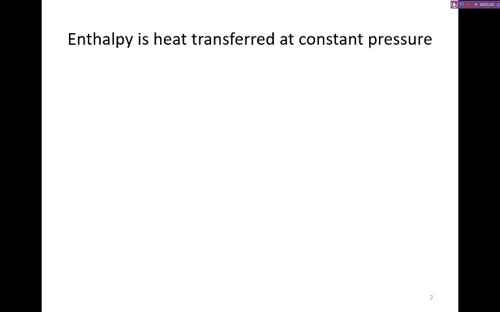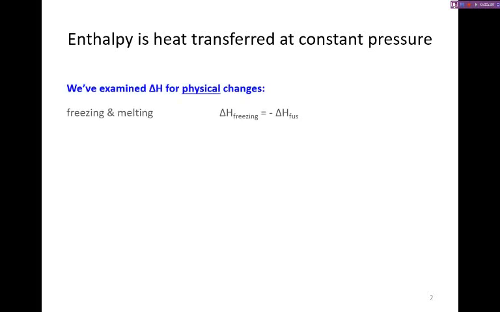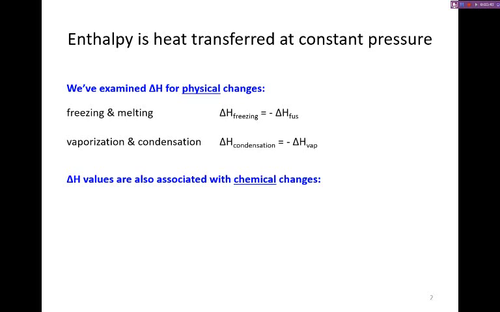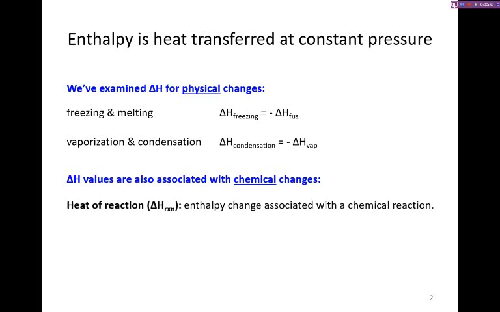So we've already talked about the fact that enthalpy is the amount of heat that's transferred when the reaction is done at constant pressure. We've looked at enthalpy changes for physical changes, such as freezing and melting, vaporization and condensation. And it's also important to know that enthalpies are associated with chemical changes. This can be expressed as a heat of reaction, and this is the enthalpy associated with any given chemical reaction.